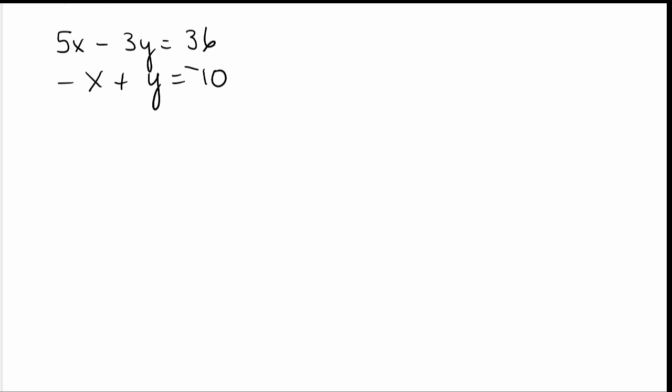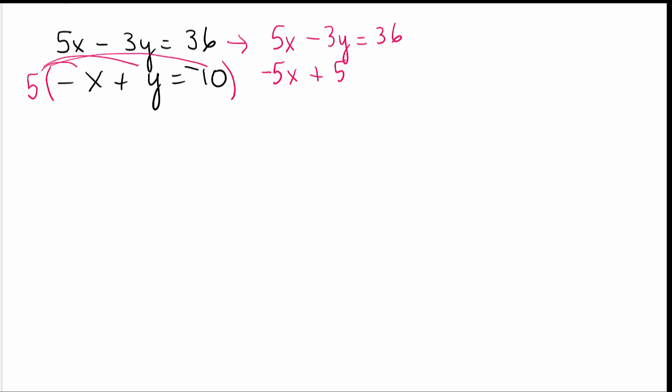It would be easy for me to turn that negative x to a negative 5x, wouldn't it? So I'm going to multiply the bottom equation by 5. I'm going to rewrite the top equation here, because we're not changing that one. And then I'm going to distribute that 5 to all 3 terms. So that gives me negative 5x plus 5y equals negative 50.